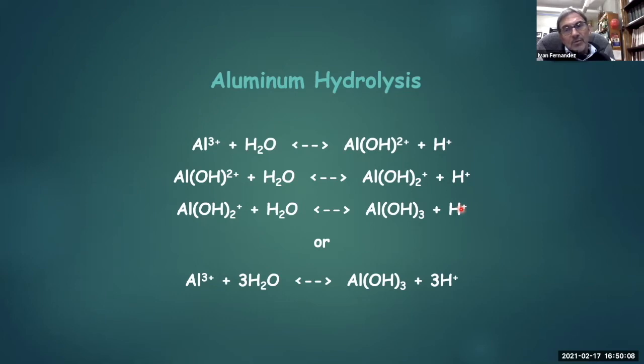So the hydrolysis of aluminum is very effective at creating more hydrogen from the interaction between water and that metal. And this is precipitated aluminum, and that's what's accumulating in the B horizon. Okay, we can come back to that if you have questions, but it's a really important buffering mechanism and an acidic component of our soils.